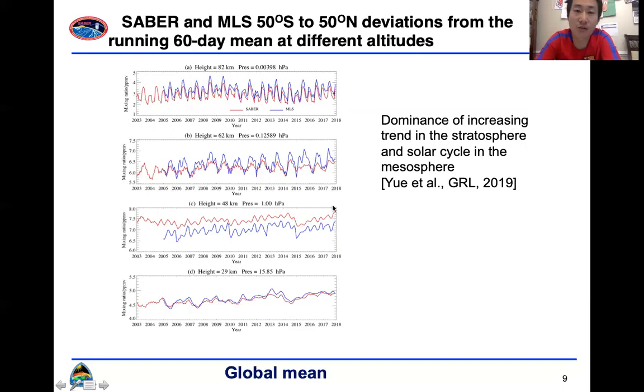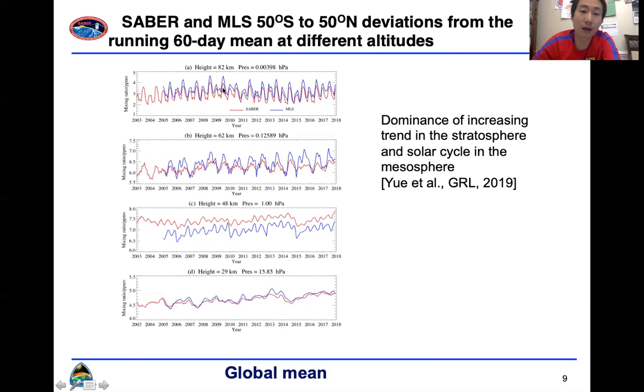So these are our results, which were published last year in GRL. We compare the time series of global mean SABER and MLS water vapor within 50 south and 50 north.